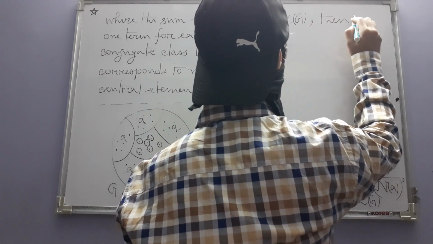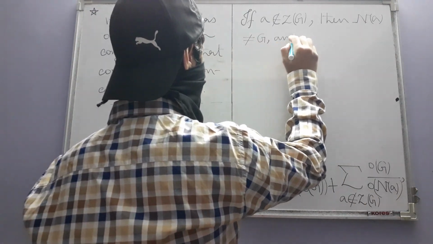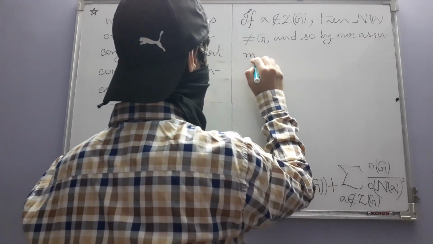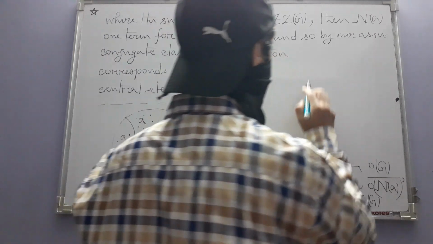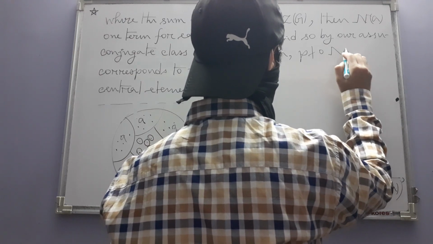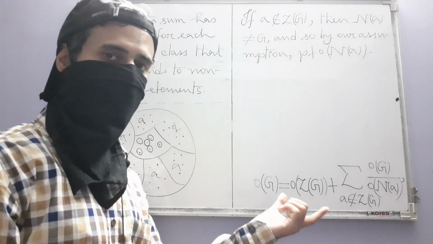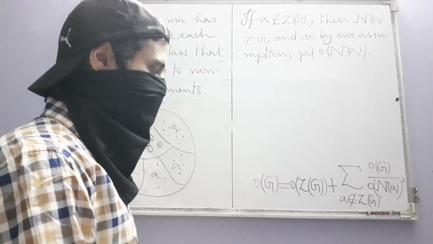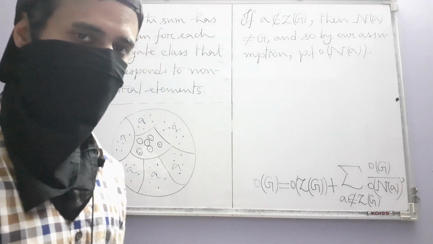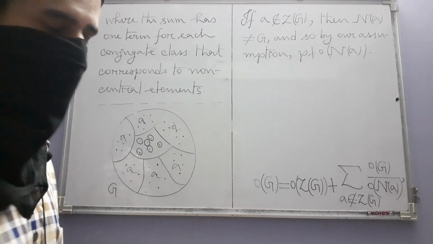Then NA is not equal to G, and so by our assumption, P does not divide the order of NA, because we assumed we are currently in this case where the proper subgroups have all of their orders not divisible by the prime P. So this normalizer is a proper subgroup, and its order also is not divisible by P.